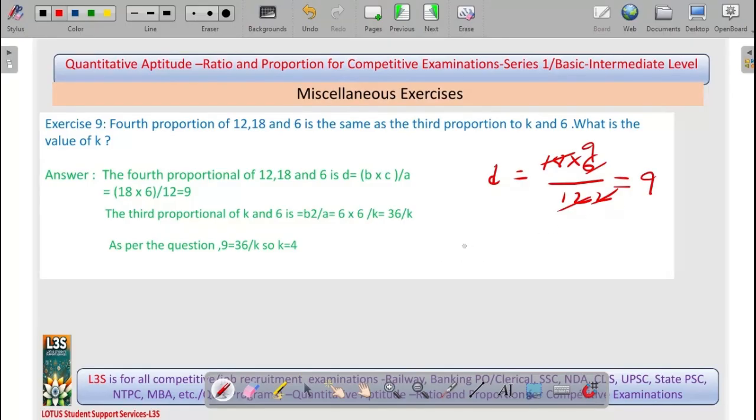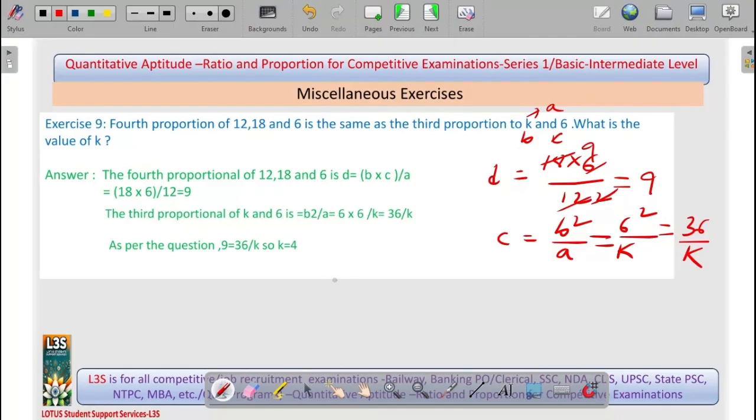And the third proportional, what is the formula? We know B square by A. So third proportional C is equal to B square by A. Now here K is A and 6 is B. So B square means 6 square by K, 36 by K. Now they are telling the fourth proportional is the same as the third proportional of K and 6.